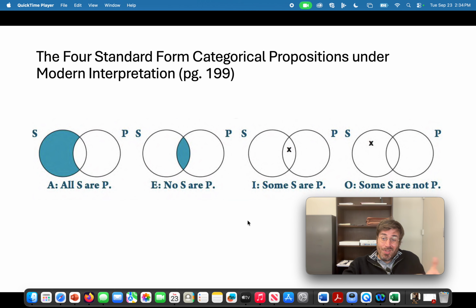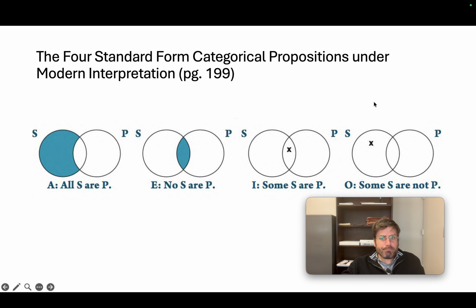To distinguish the universal from the particular, where the universal uses shading, for the particulars we use an X. And then finally for our O proposition, we learned that to indicate some S are not P, we put an X in region 1, which is the subject group, to denote that it is definitely outside of the predicate group. This occurs on page 199 of your Baronet textbook if you want to refer back to it.